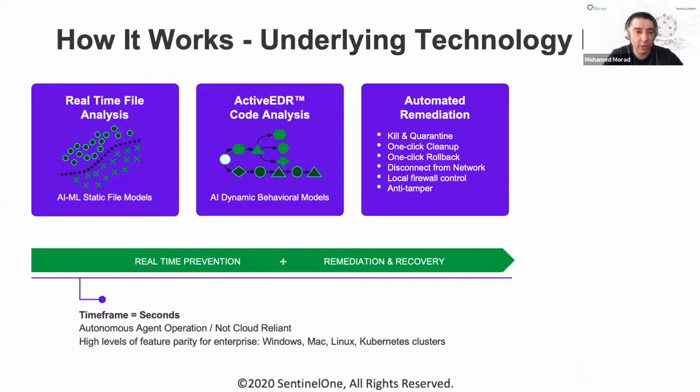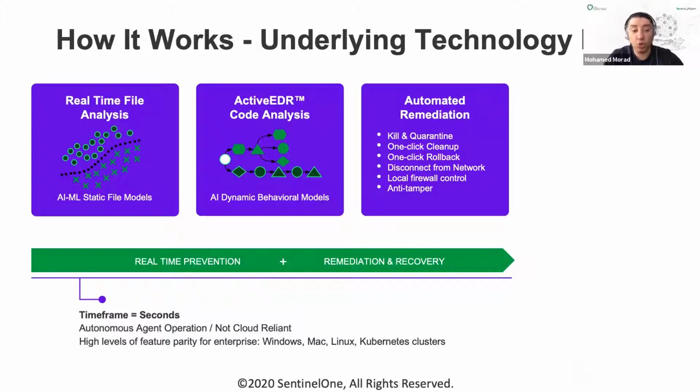And this is a real-time, behavioral AI powered remediation task. So kill and quarantine is one of the response actions that we can take. One-click cleanup can be a manual decision, or it can be completely automated by the endpoint agent to do a complete cleanup and get the system back to the previous state before the attack happened.